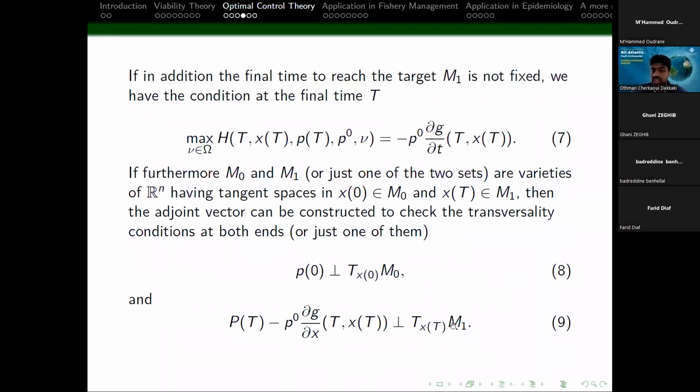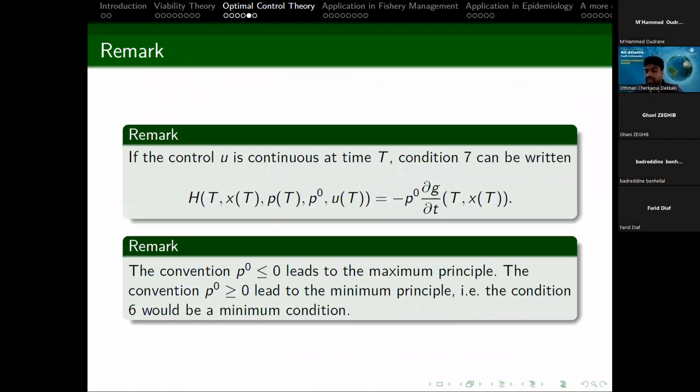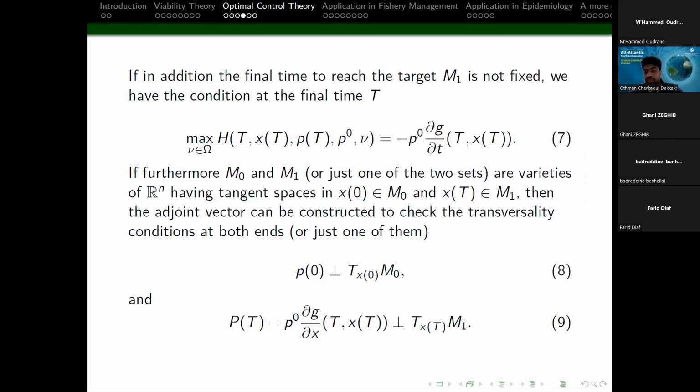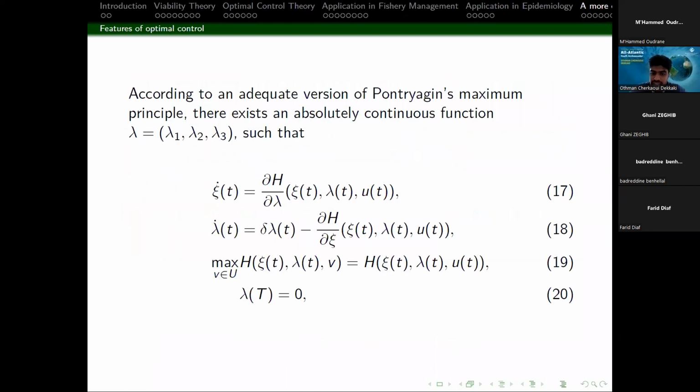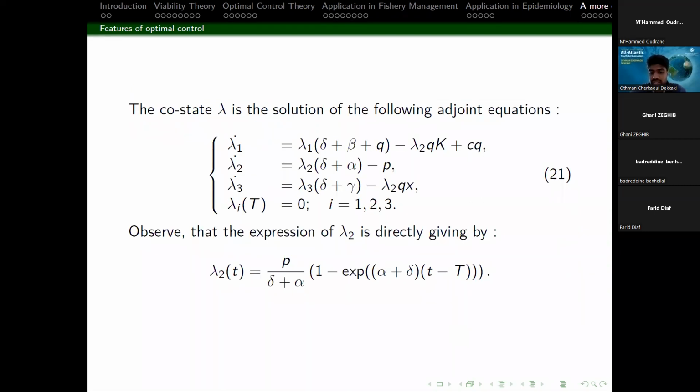In our case, the g doesn't exist, meaning that this differential with respect to time is equal to 0, meaning that this becomes the maximum equal to 0, and this will become 0, meaning p0 and pT are equal to 0. And going back, you're gonna find that it's just lambda of capital T equal to 0, and H of everything at capital T is equal to 0 too. And that's something we're gonna do after that.